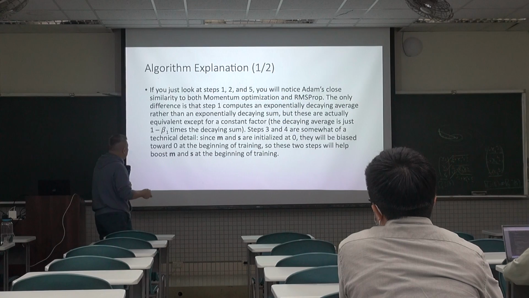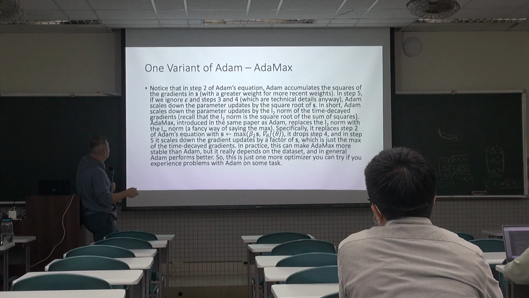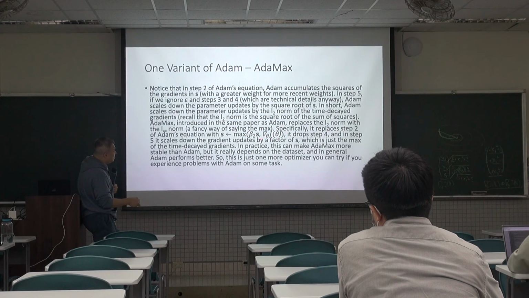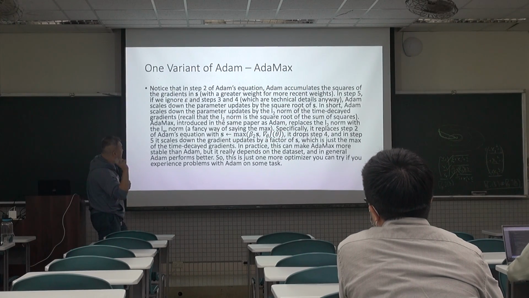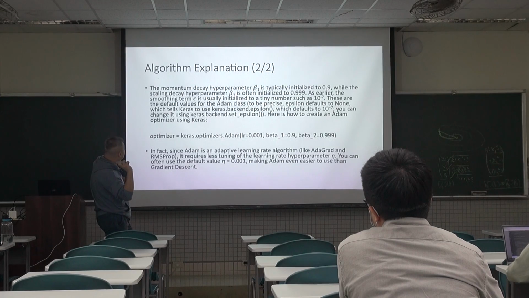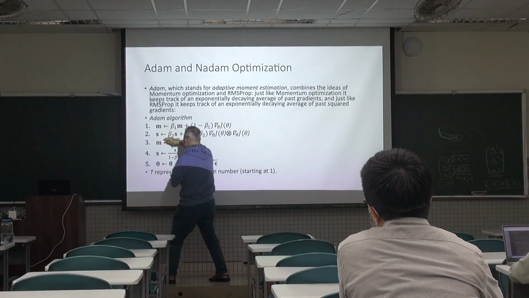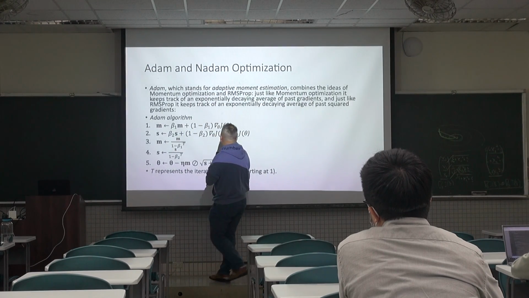So here, if you want to use the L infinity norm, we are going to replace this S to be max of beta 2 S and this one. So the second line is going to be the max value of this one or this one.